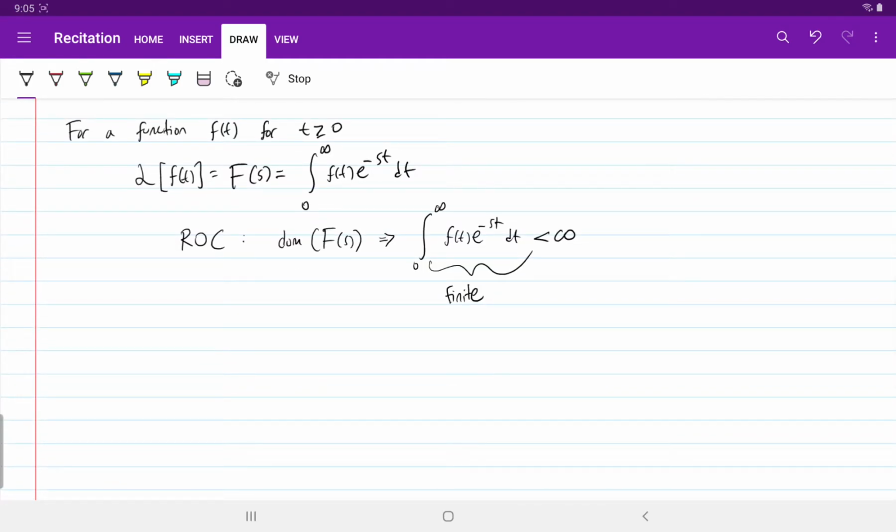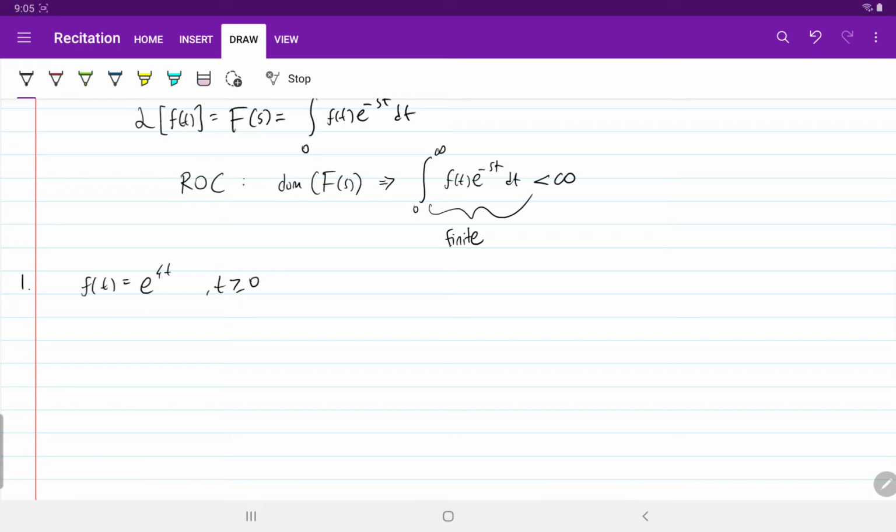so let's solve the first problem. Problem number 1, we have f of t equals e to the 4t for t greater than or equal to 0, and we need to find F of s. So let's use the definition.